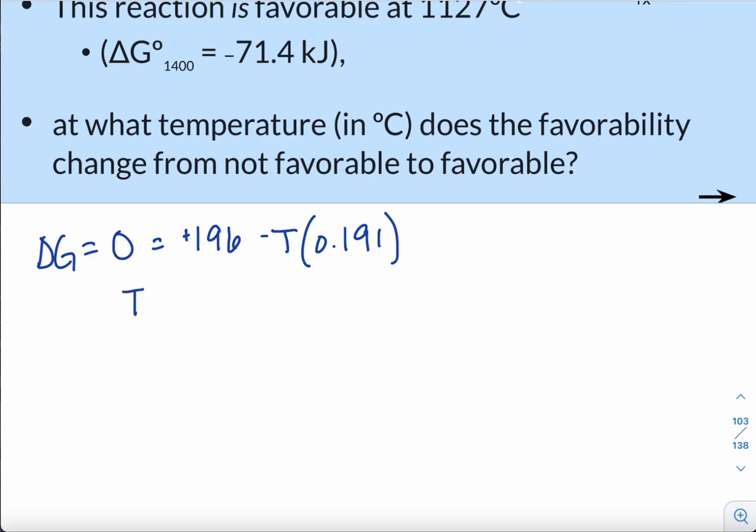So when you solve for T, you get 1026 Kelvin, which if they want it in degrees Celsius, you know how to do that. Okay, so that is the temperature where we're switching from favorable to unfavorable or vice versa.